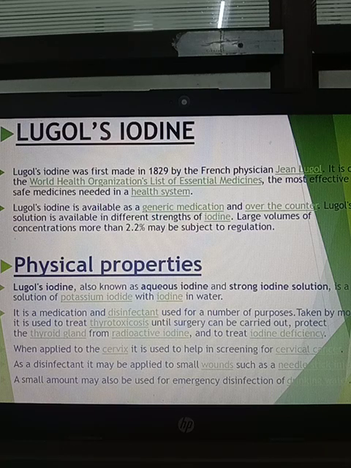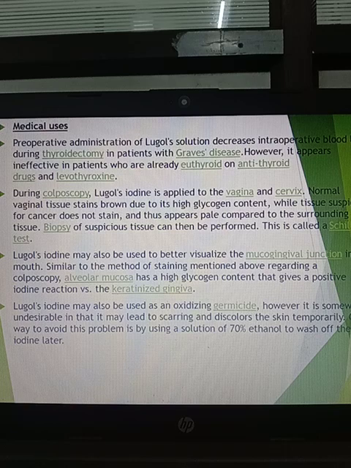Iodine in water is dissolved, applied to the cervix to help screening of cervical cancer and different wounds, and for thyroidectomy and Graves' disease, as an antithyroid drug. It is also used as a colonoscopic and antimicrobial agent, and for the mucogingival junction; if there is an infection in the lungs or in the gingiva, it can be used. It is used as a germicide also.